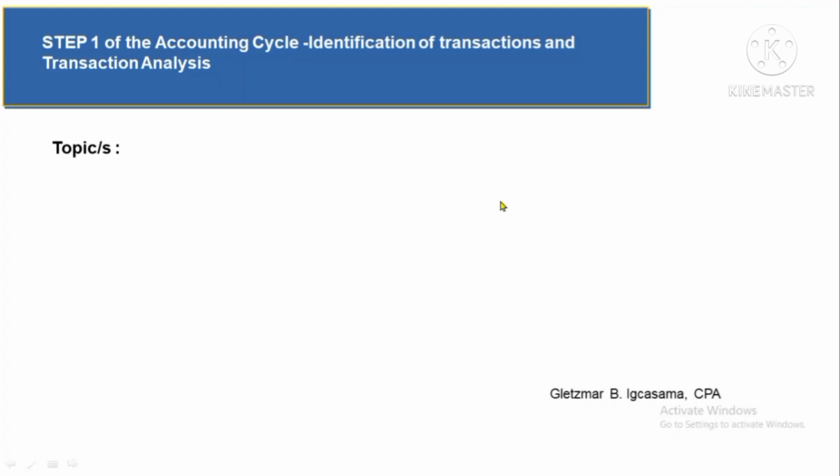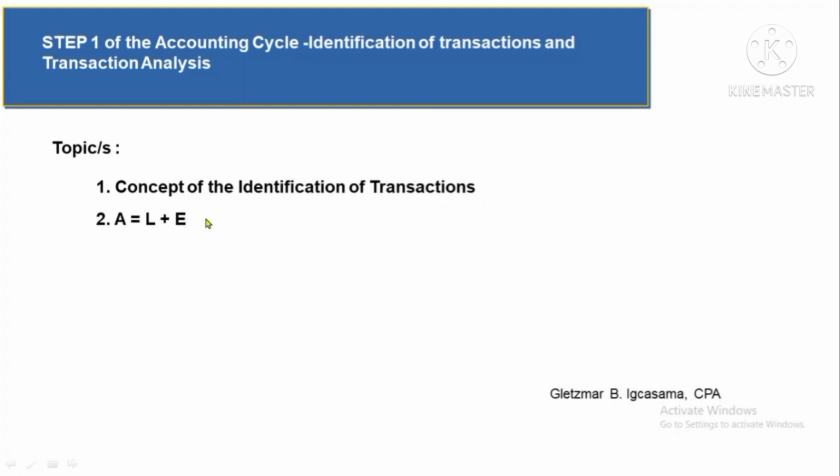This video aims to let you fully understand the identification of transactions as well as analysis of transactions, which is step 1 in the accounting cycle. This lecture contains the following: the concept of identification of transactions, and we are also going to discuss the significance of the accounting equation A = L + E. We are also going to enumerate the types of transactions that you might encounter as well as their effects on assets, liabilities, and equity.